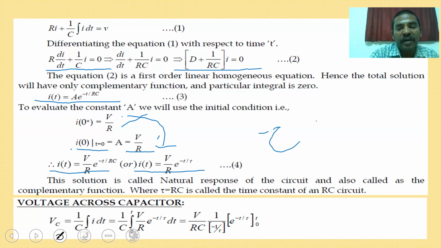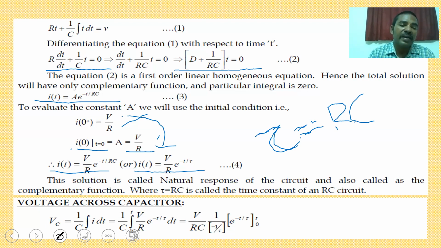So τ is R times C. Are you understanding? This is the representation of the term τ, the time constant, which is the multiplication of R and C.